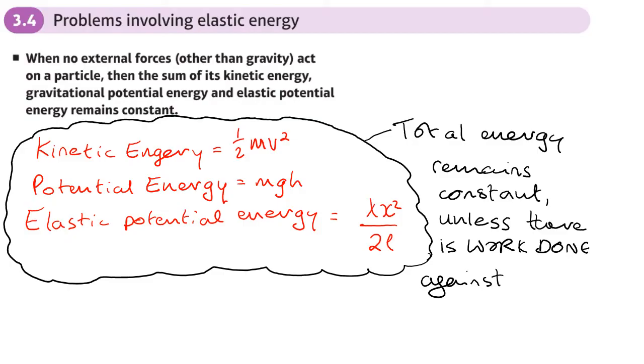So if there's no friction in a system, and it's normally friction which is going to cause the loss of energy, then if there's no friction, the total energy within that system will remain constant.